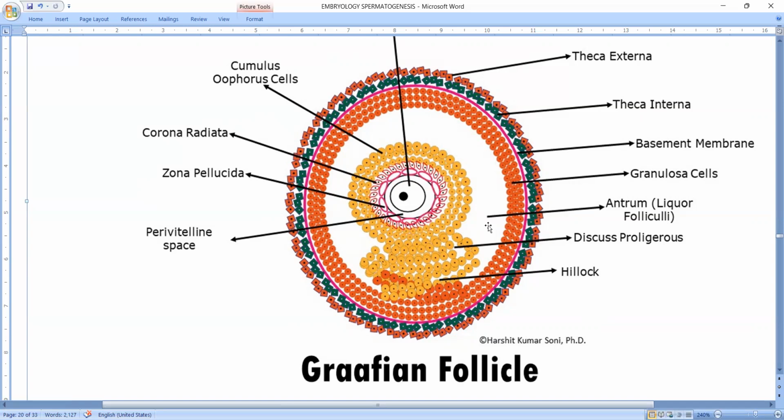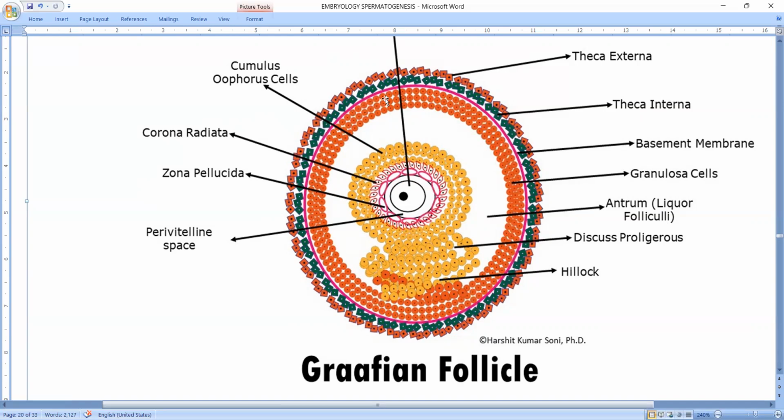Then there are two more layers present. These are granulosa cells, which are nothing but the follicle cells.